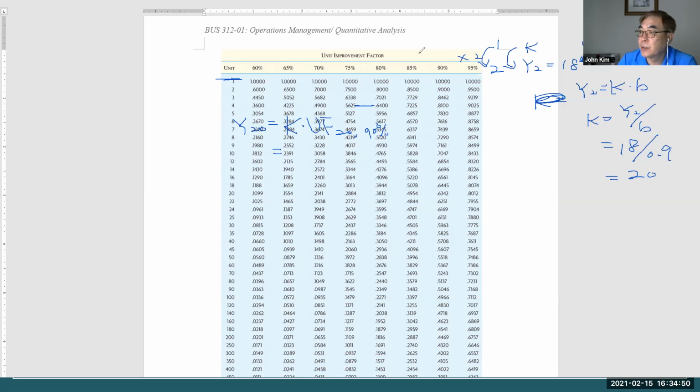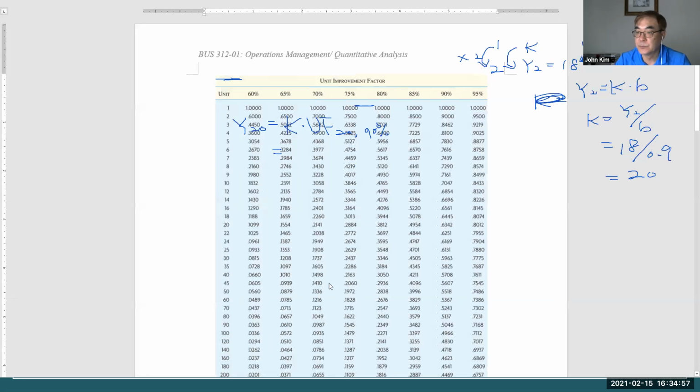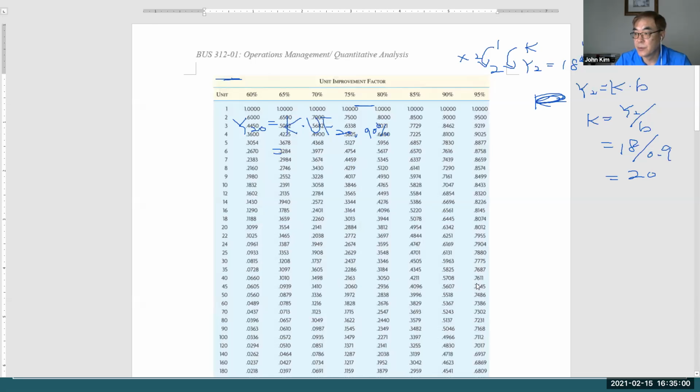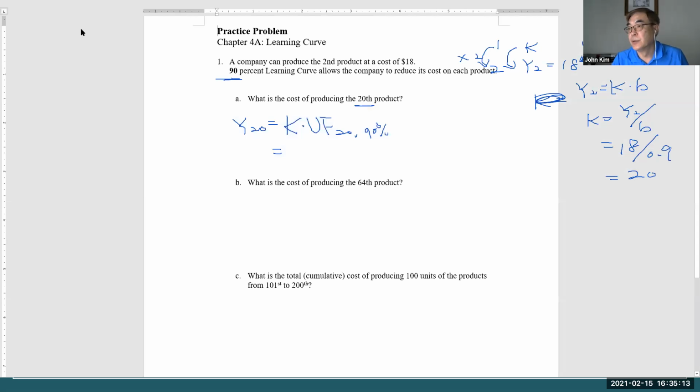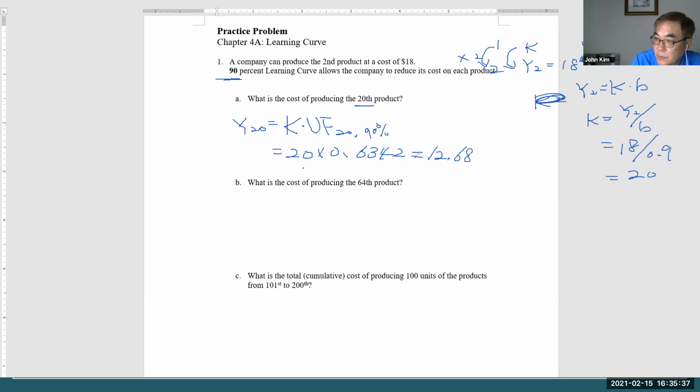So K is 20 times 0.6342 equals 12.68 dollars.